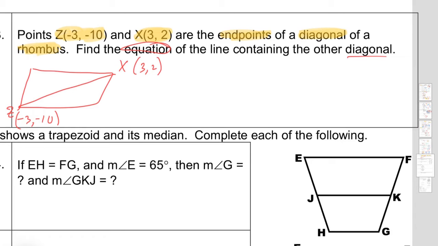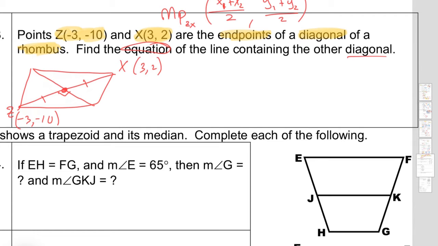So thinking back, what we know about the diagonals of a rhombus is that, one, they are perpendicular to each other, and they intersect here, which is the midpoint. So we're looking for two things. One, we're looking for the midpoint of Z and X. To find the midpoint, it's x1 plus x2 over 2 for the x value, and y1 plus y2 over 2 for the y value.